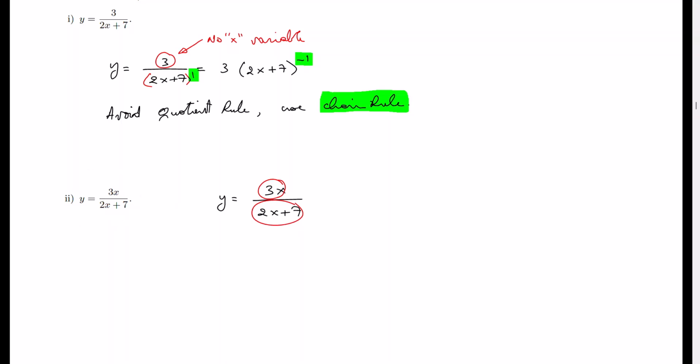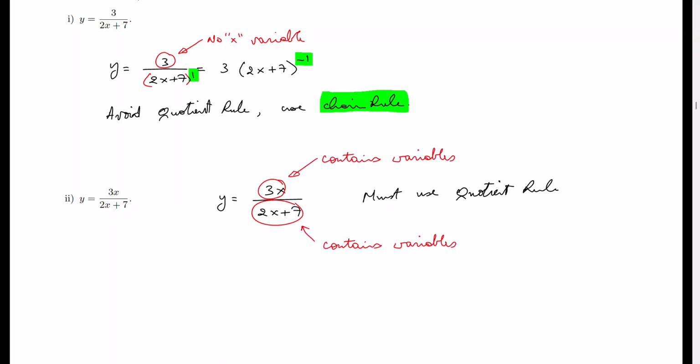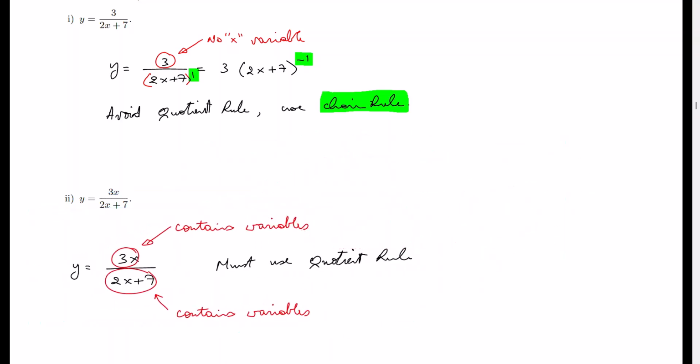So this problem has variables in both the numerator and denominator, so we must use the quotient rule. So I'm writing: must use the quotient rule. And again, that's because both my numerator and denominator contain variables and they cannot be reduced or avoided. So I must use the quotient rule for this problem.